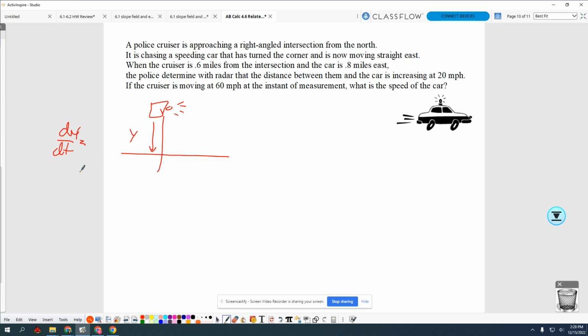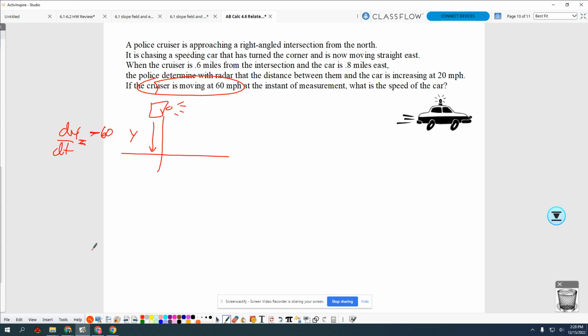Negative, because the distance between here and there is getting smaller. The cruiser is moving at 60 miles an hour. In these word problems, you need to be able to read the words and be like, going this way, down. Okay, it's getting smaller.